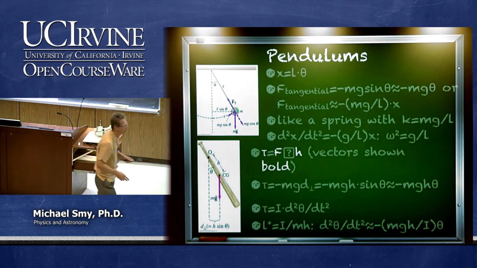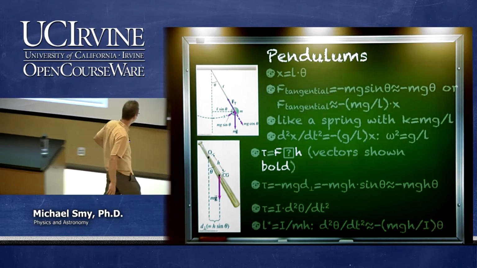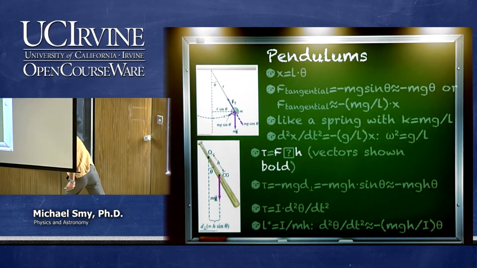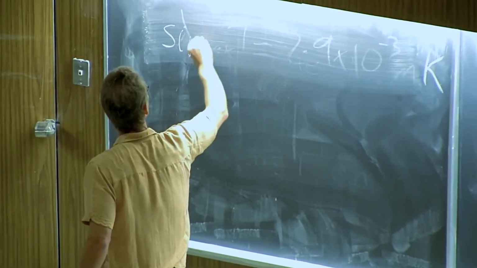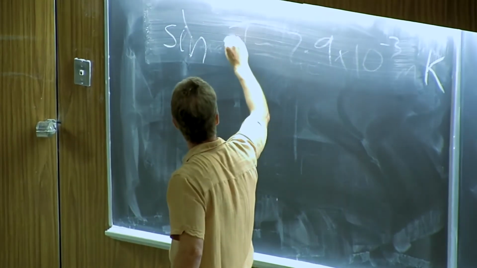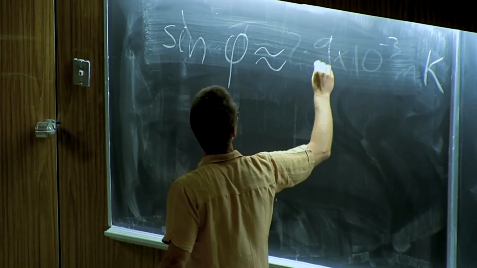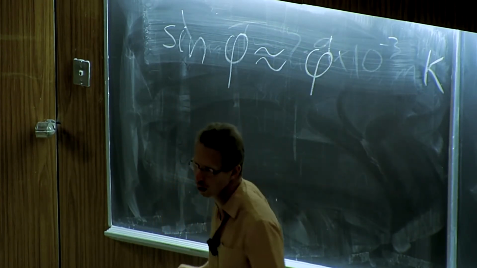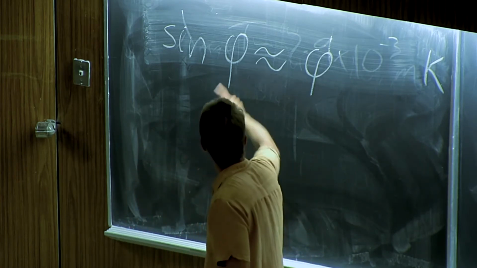And now we are doing another little math trick. We assume that sine phi is approximately equal to phi. And this is a fairly good approximation as long as phi doesn't get too big.